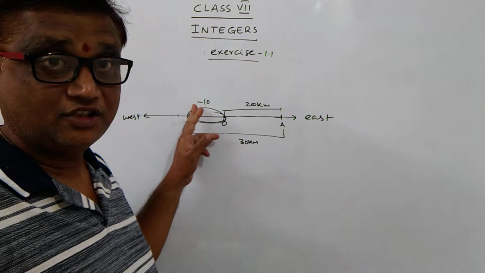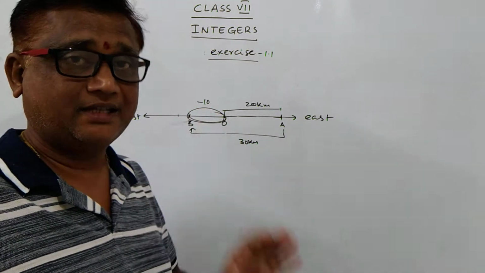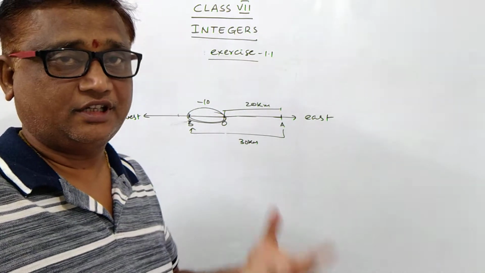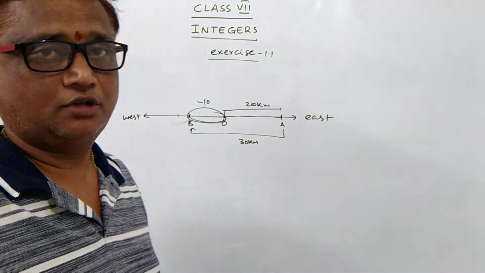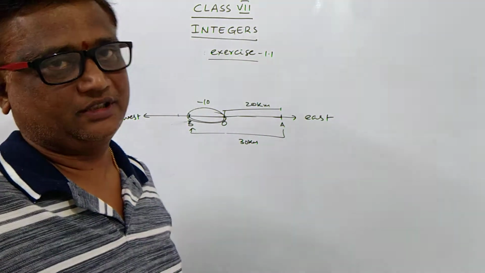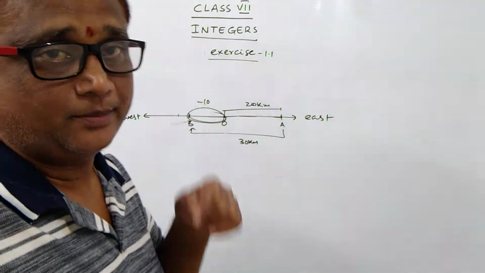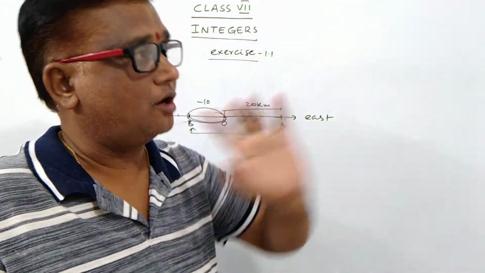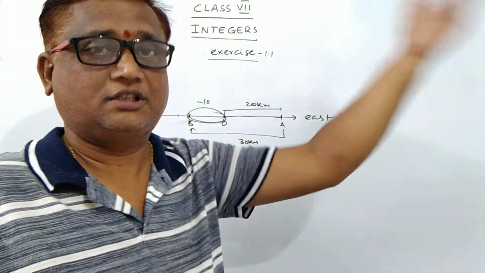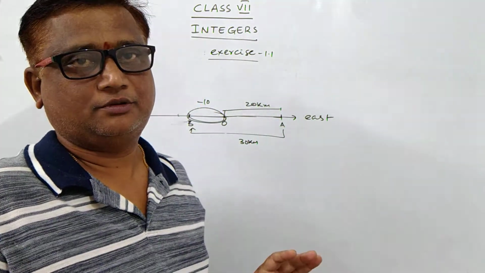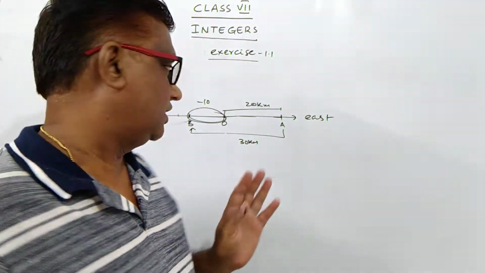Negative sign is always direction only. Kilometers and areas or anything is in positive only, not in negatives. So there is no minus 2 kilometers, there is no minus 3 kilometers. If you say minus 10 kilometers here, minus means the opposite way. So we are taking minus for direction purpose only.